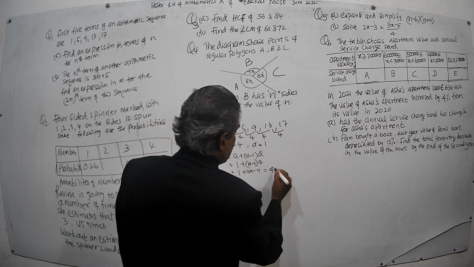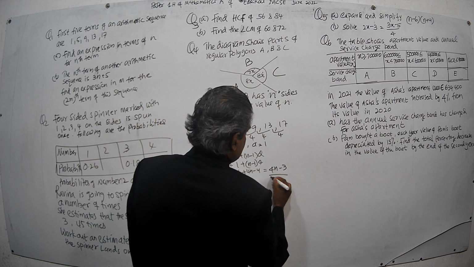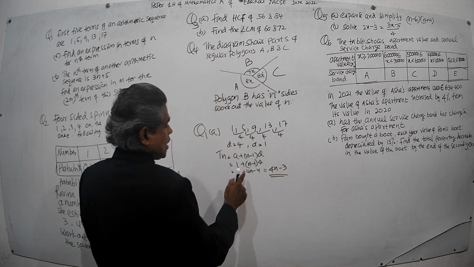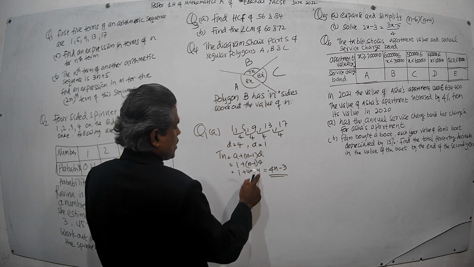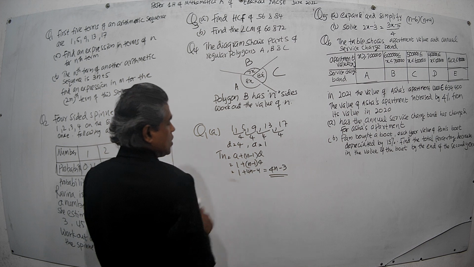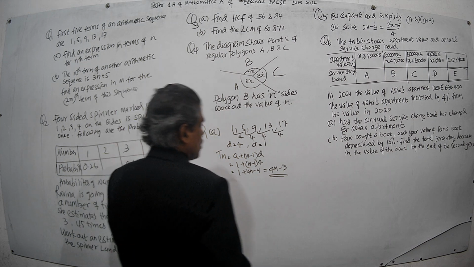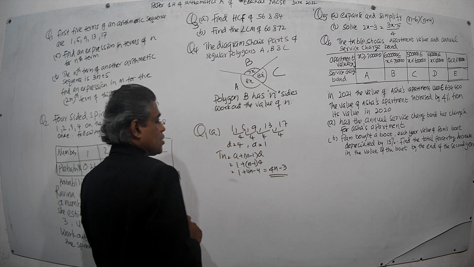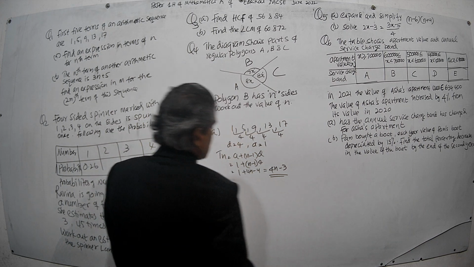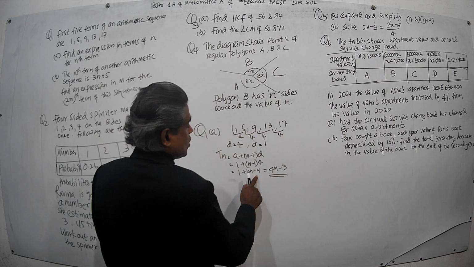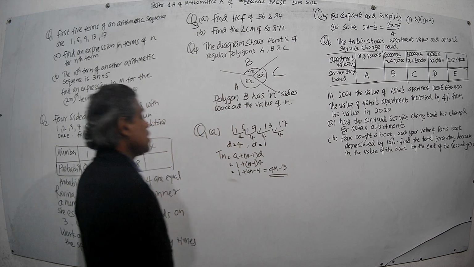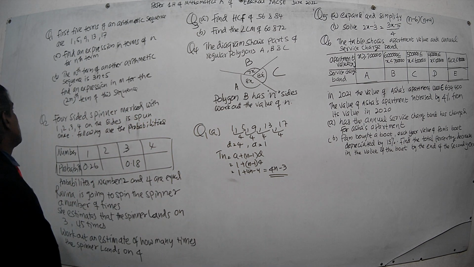Then 4n minus 3. Directed number rules apply here: for 2 numbers with different signs, you subtract the 2 numbers and put the sign of the larger number. So 4n minus 3 is the nth term.